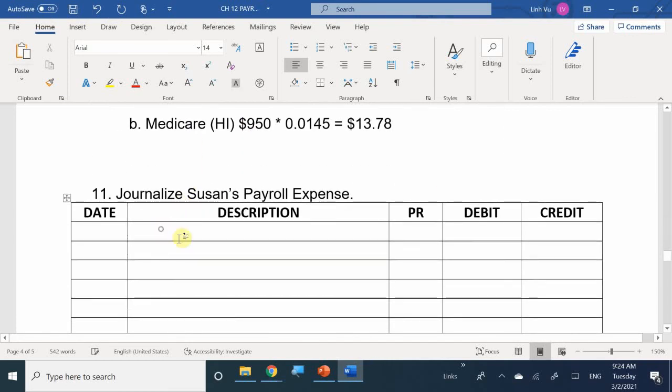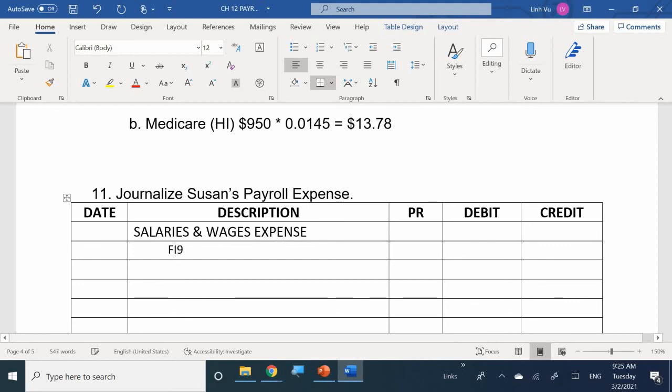So let's go ahead and journalize. What comes first? Salaries and wages expense. What's the first thing that we have to place here?